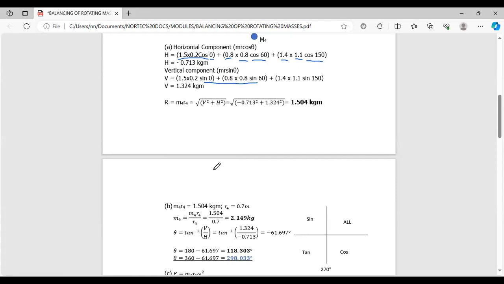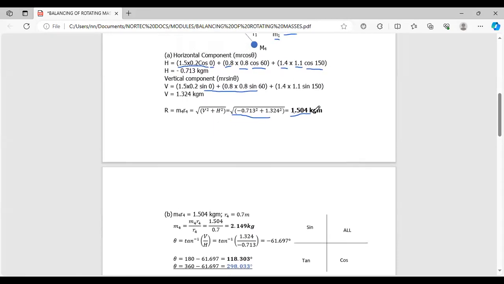Hence, we have this formula here. V was negative 0.713 and H was 1.324. We just square them, and when you enter that in your calculator, you should be able to get 1.504 kg meters.